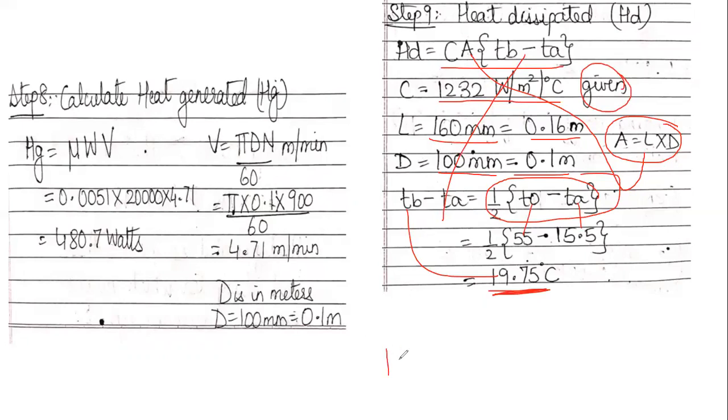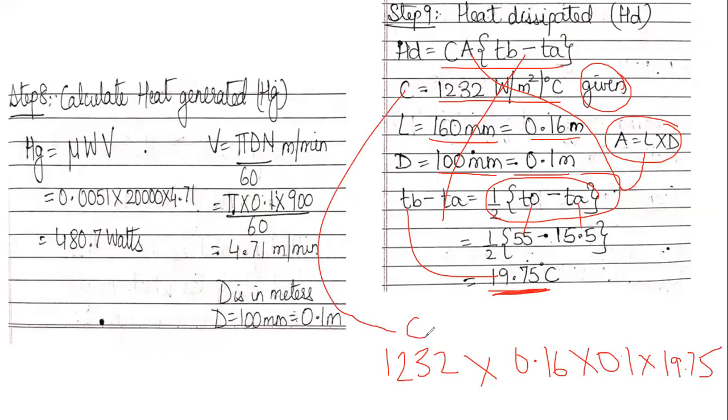We just have to put this 1232 into 0.16 into 0.1 into 19.75. ये हो गया C, ये हो गया हमारा area, and this is our TB minus TA.